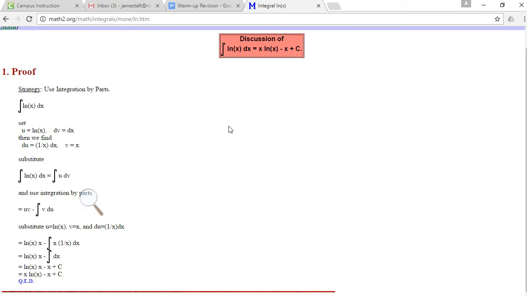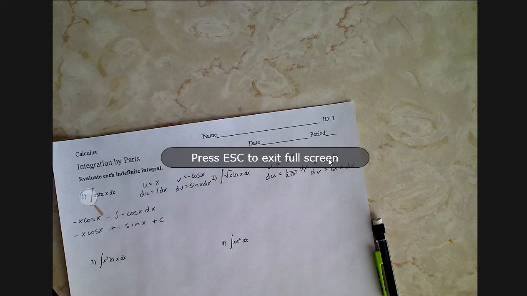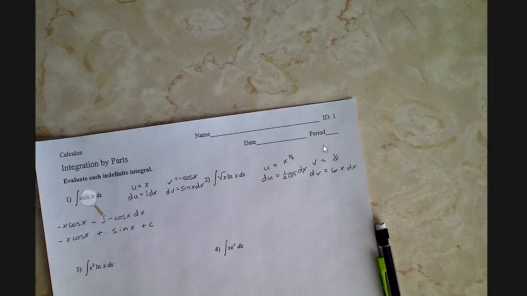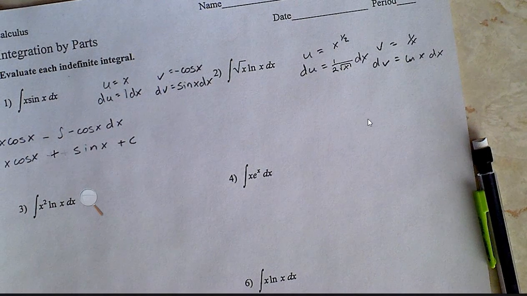So it's x ln x minus x plus C. Okay, stop. We're coming back to 2 and 3, because that's not right.